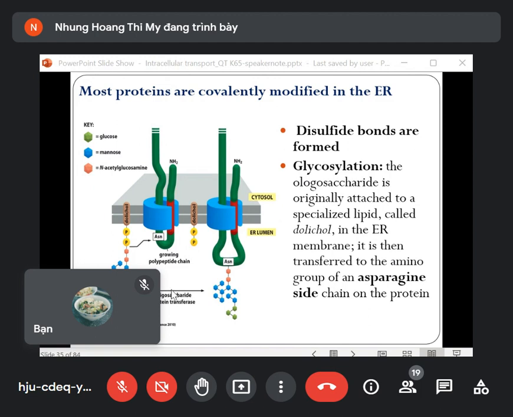Asparagines that are glycosylated are always present in three-peptide sequences: asparagine, another amino acid, and then serine, or asparagine, another amino acid, and threonine. That is the sequence of the amino acid fragment in which the asparagine will be glycosylated whenever the polypeptide chain enters the ER organelle.